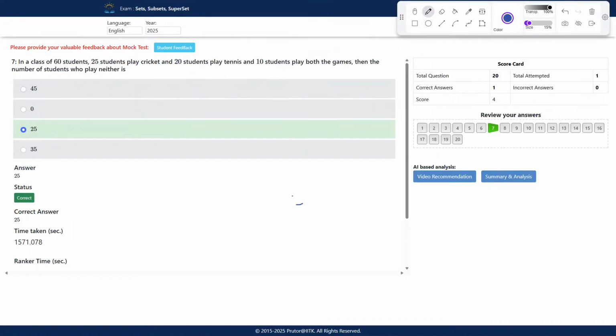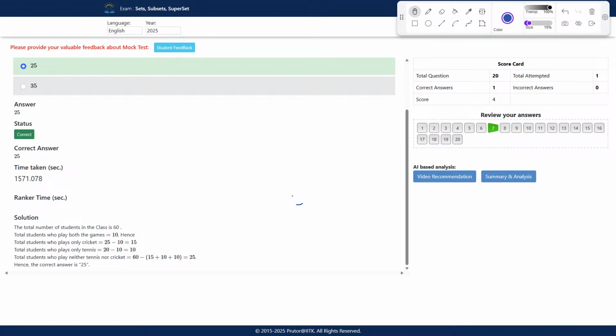Now just see that we have a total of 60 students.